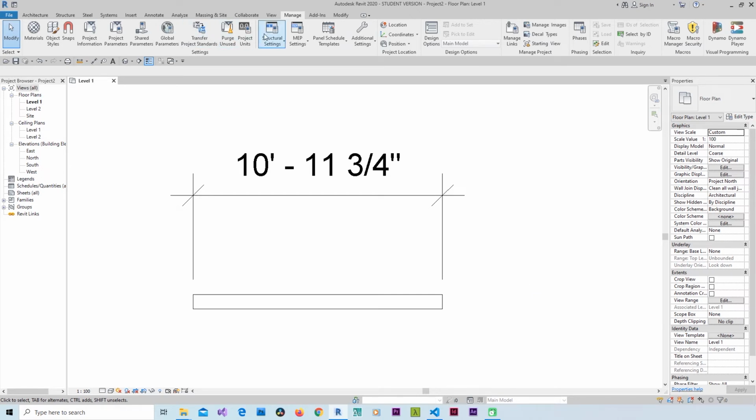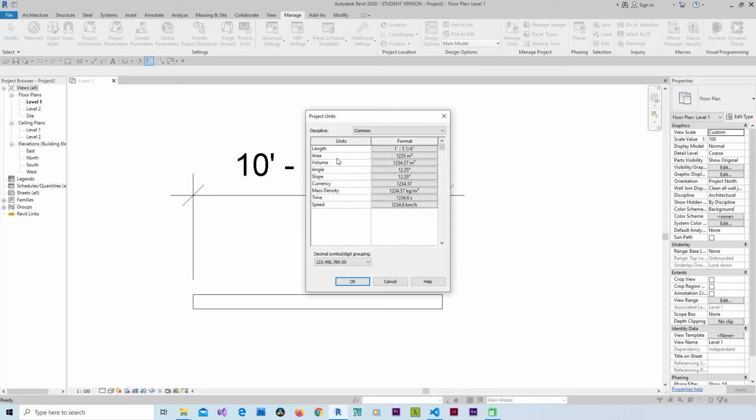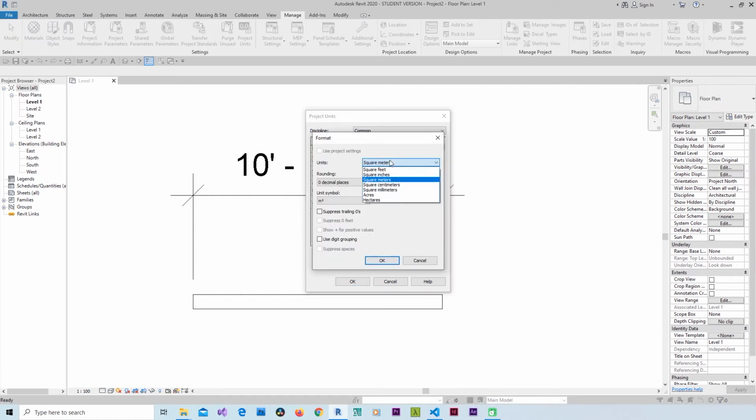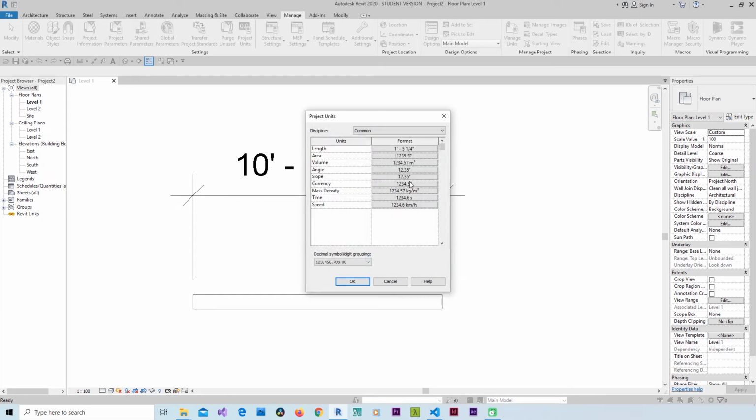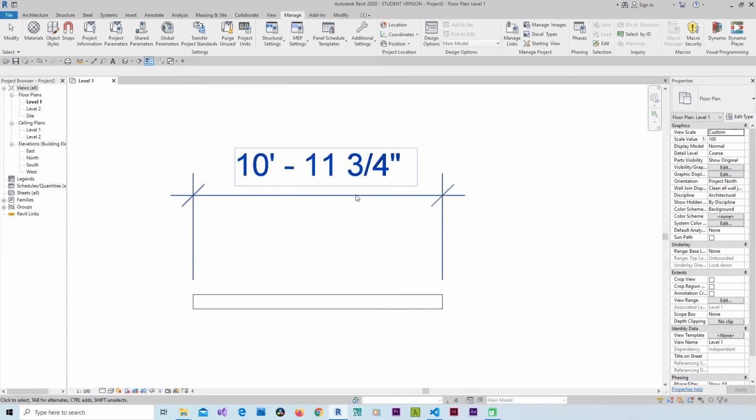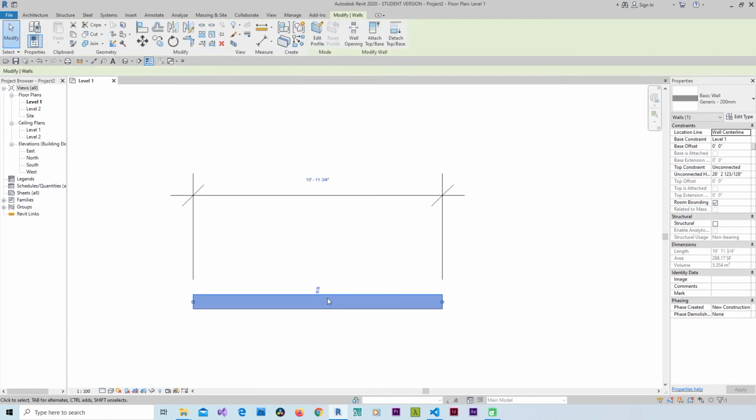We can go also to Project Units and change area and volume. We can make area square feet, like this. If we select this wall, we will have its area like this, and its volume by meter cube.